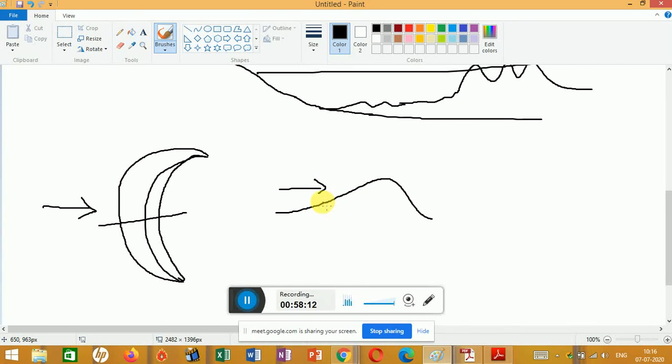When the wind blows over it, the sand will be rolling, and again it will be rolling in this way. It is carried like that. And here it will be deflating, and it will be like this. When the wind blows, the sand dune moves like this.